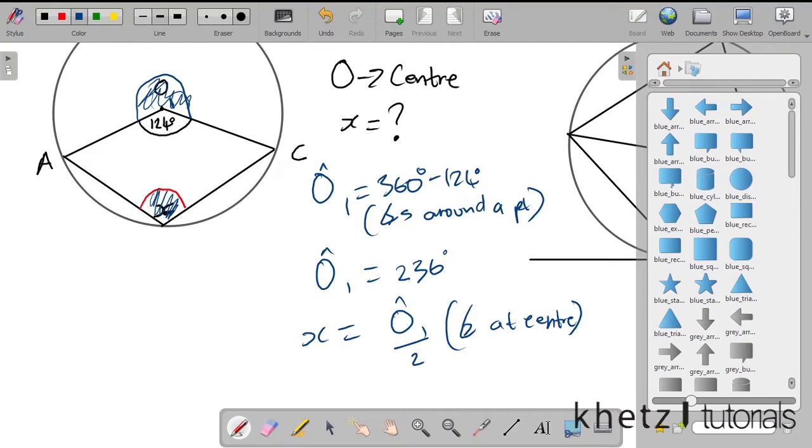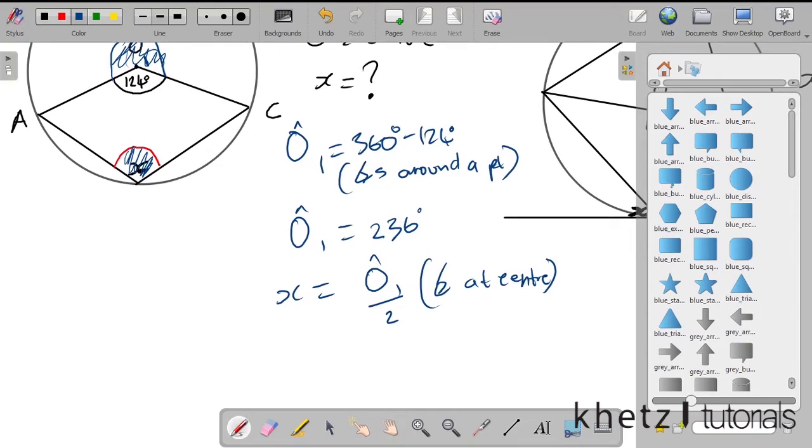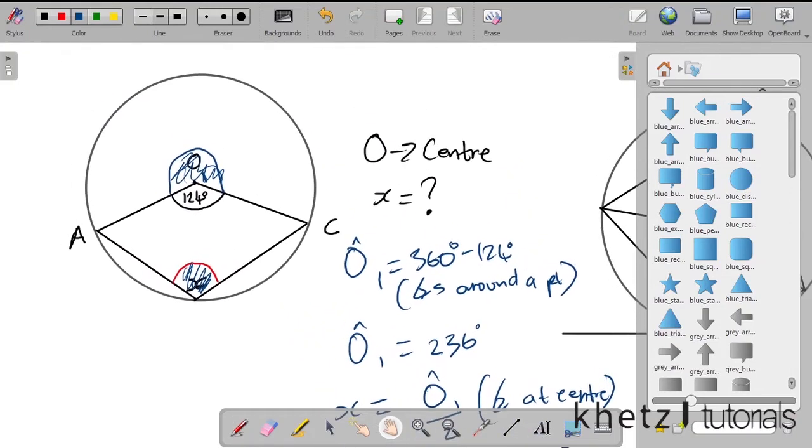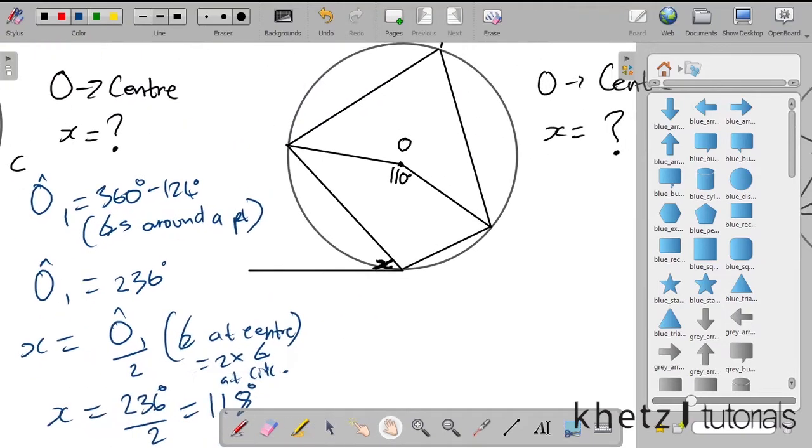And that is why we're saying that X is equal to half of O1, and therefore the value of our X would be 236 divided by 2, and that should give you 118 degrees. Now that we have that, we are basically done with the question. You can write it in full: just say angle at center equals twice angle at circumference, right? You can move on to the next question that we have.